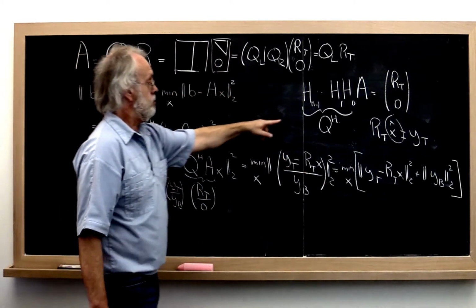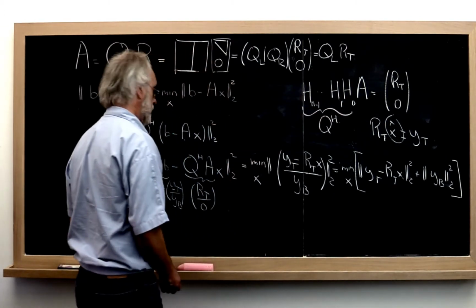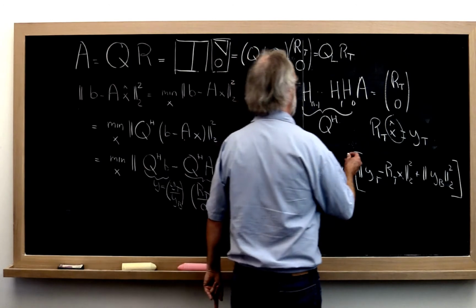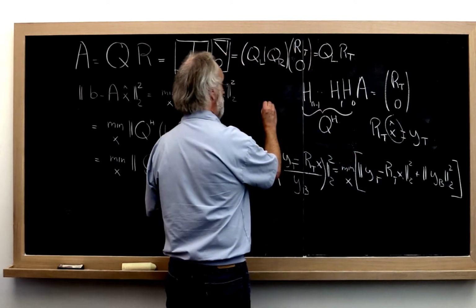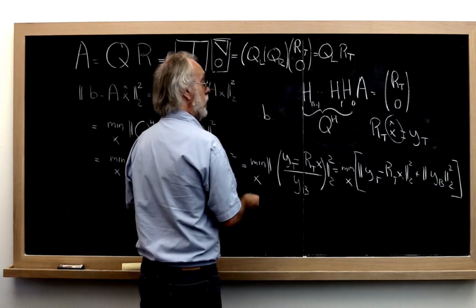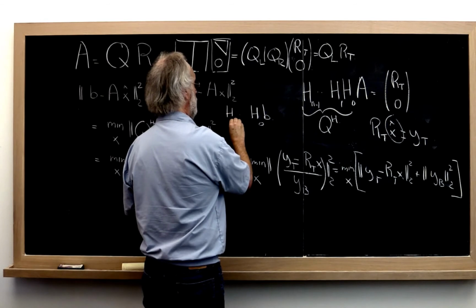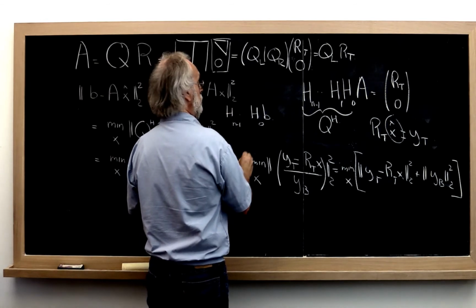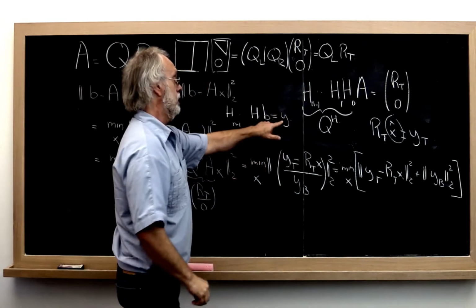Well, this here is Q Hermitian. So what it means is that we want to take our vector b, and we want to apply one by one the Householder transformations to it to compute our vector y.